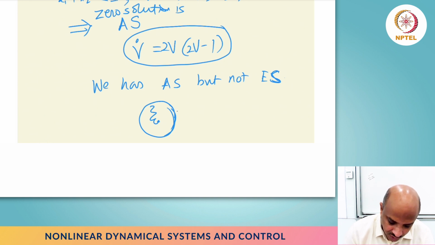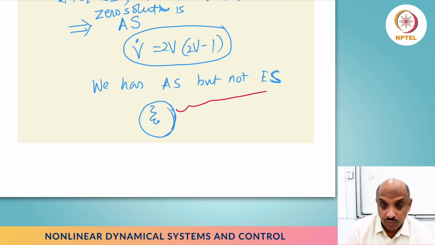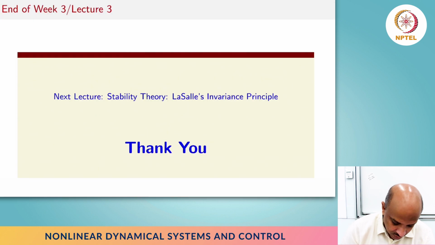So that means if I start outside, I'm going to go on. If I start within this region, then we will have a nice convergence to the equilibrium, which is what is required for asymptotic stability, but not exponential stability. Right? So outside, one can show that this is going to have a finite escape time. This is going to go off to infinity.